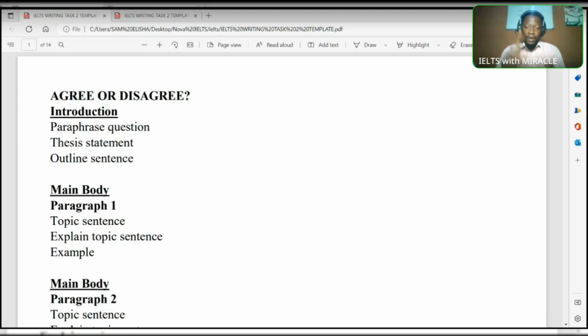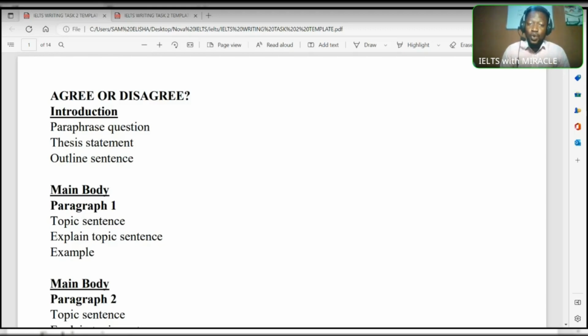Remember what we said? We said they would look at your task response or task achievement, how well you have achieved the task. They will look at the coherence and cohesion, the connection, the logical arrangement of ideas in your writing. Then they will look at lexical resources, which measures the words that you have used, how rich your word bank is. Very important.